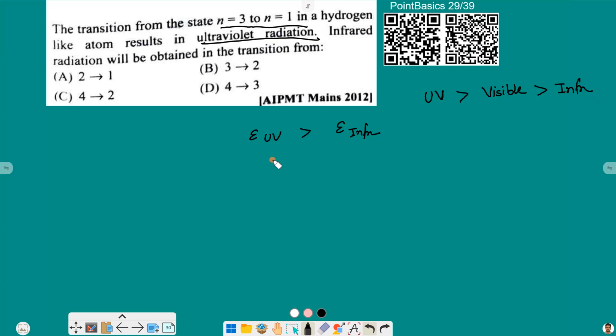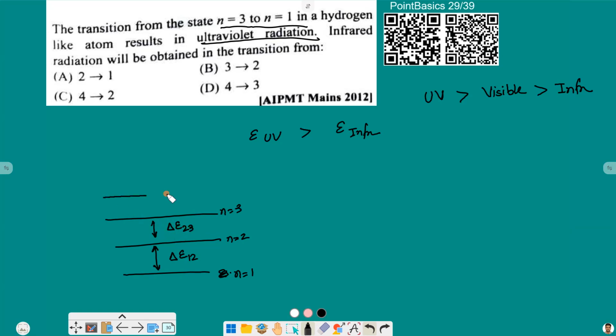And we also know that for a hydrogen-like element, suppose this is the first level, n is equal to 1, then we have the second level, then the third level. One thing to be noticed is that the energy difference between the first and second level is higher than the difference between the second and third level.